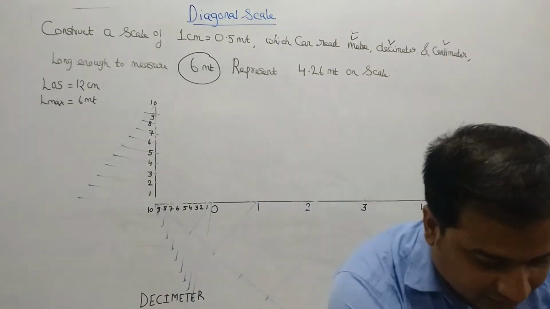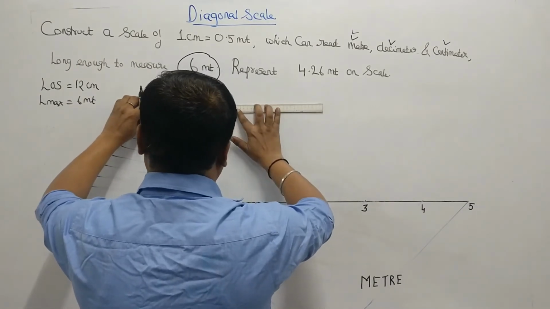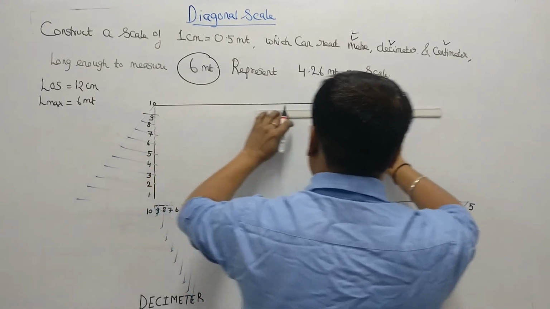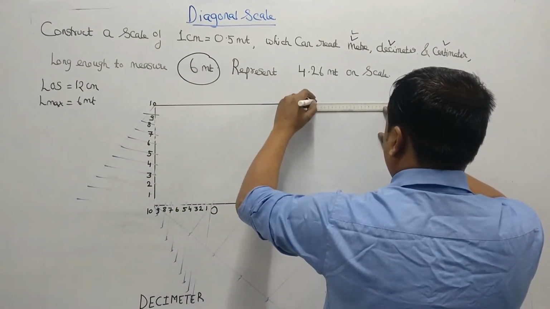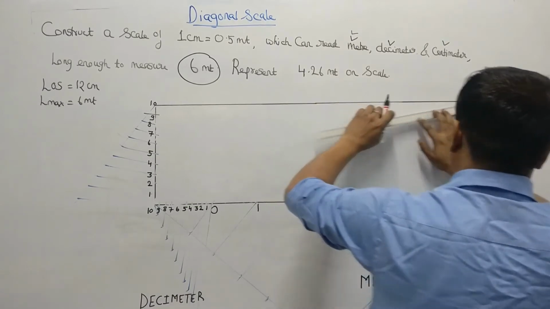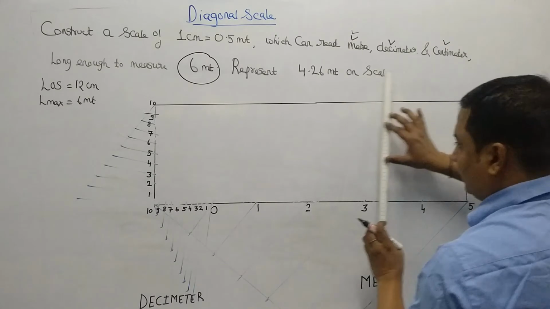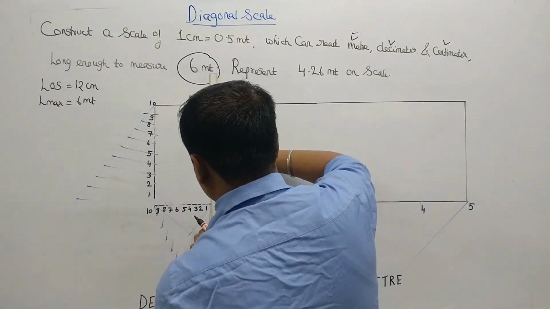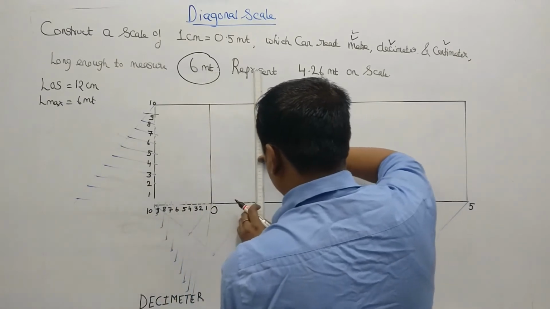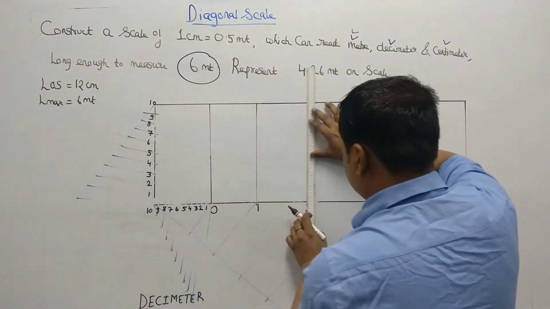Next step is to complete the box, and draw the vertical lines from the main divisions.